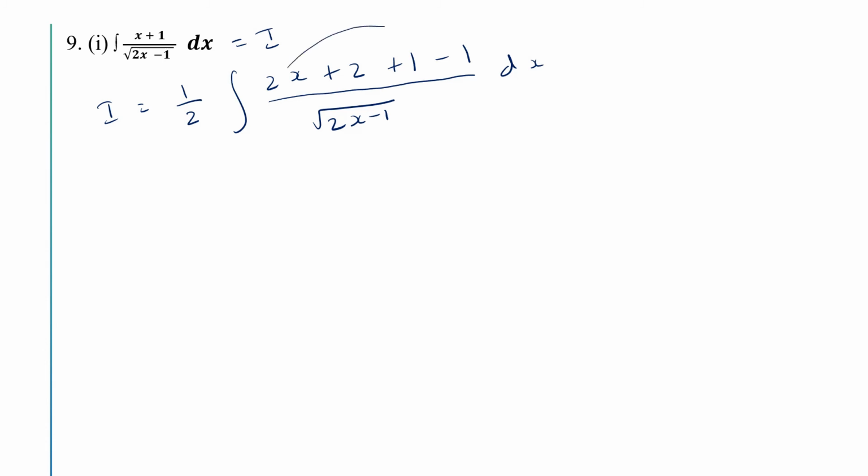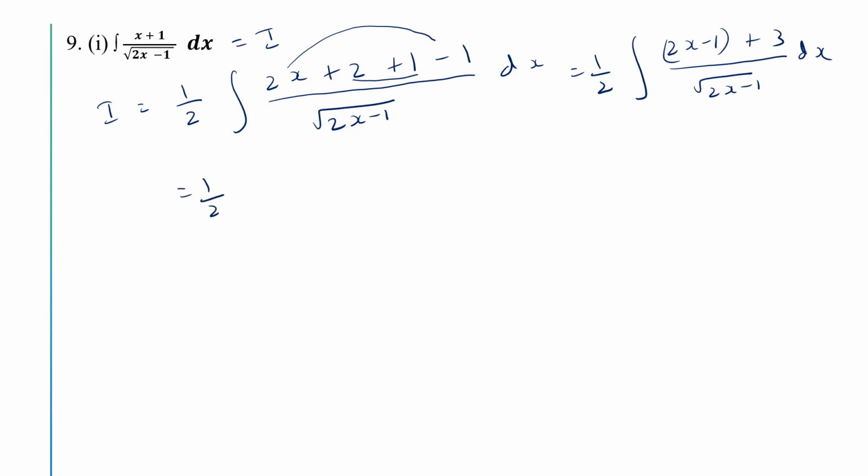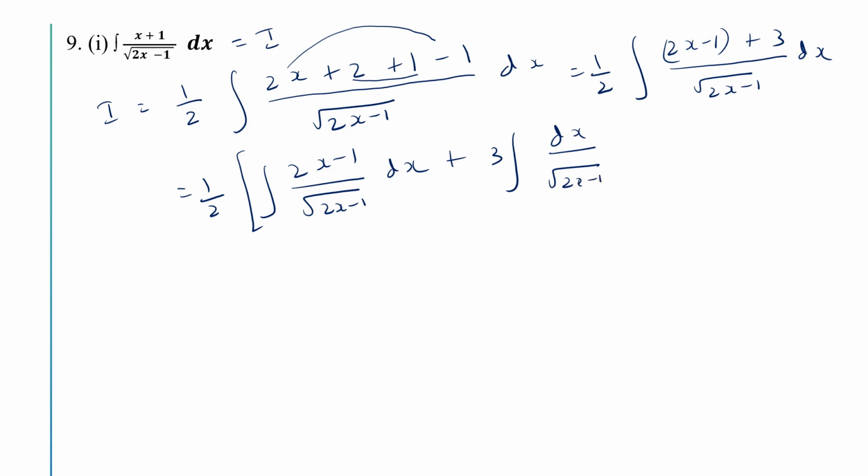So putting 2x minus 1 together, then plus 3. So this is equal to half integral 2x minus 1 plus 3 divided by root of 2x minus 1 into dx. So this is equal to half into integral 2x minus 1 by root of 2x minus 1 dx, then plus 3 integral dx by root of 2x minus 1.